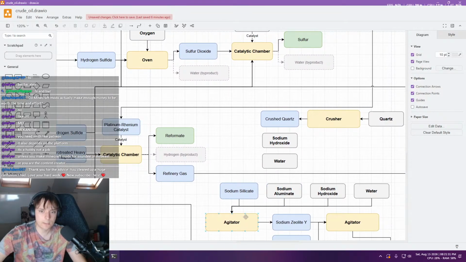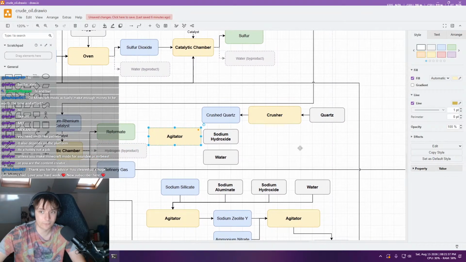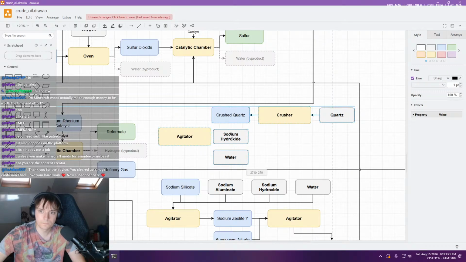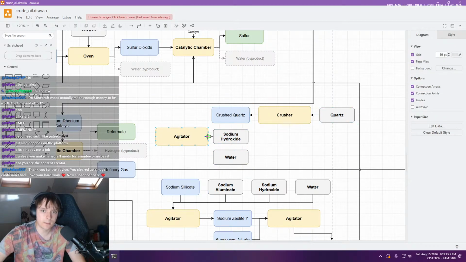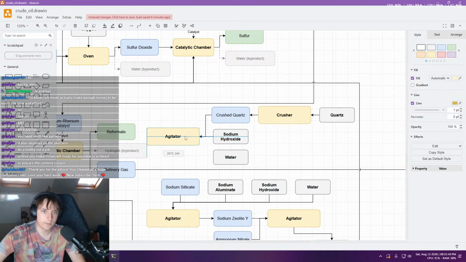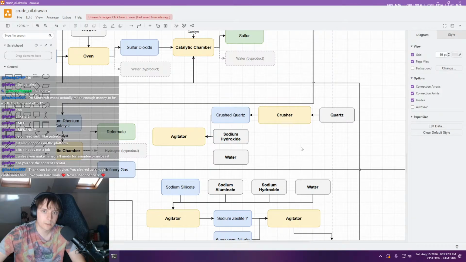Absolute silly business. So yeah, that's in the agitator. It barely fits. This really doesn't fit, to be honest, does it? Okay, there you go. Now those are in the agitator. That really needs to come out like there. Can I do that and then just bring that along?